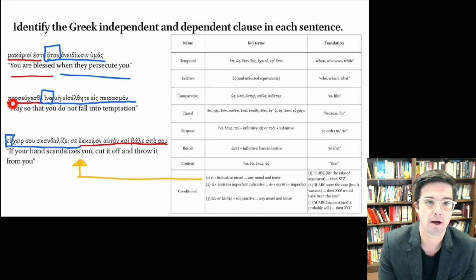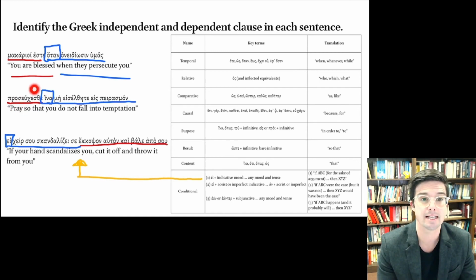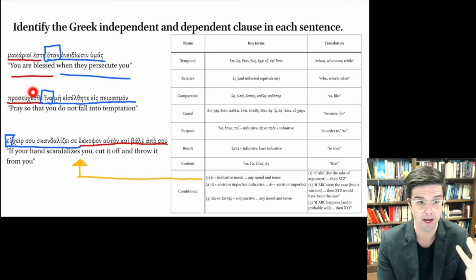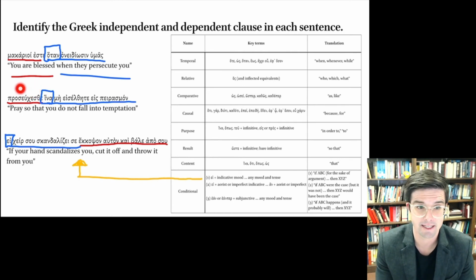Same thing with proseuxeste. In Greek, this could technically stand as a sentence on its own, a one-word sentence, insofar as our subject is included in the verb. You all pray. Here, an imperative command. So you all pray can be a sentence in and of itself.